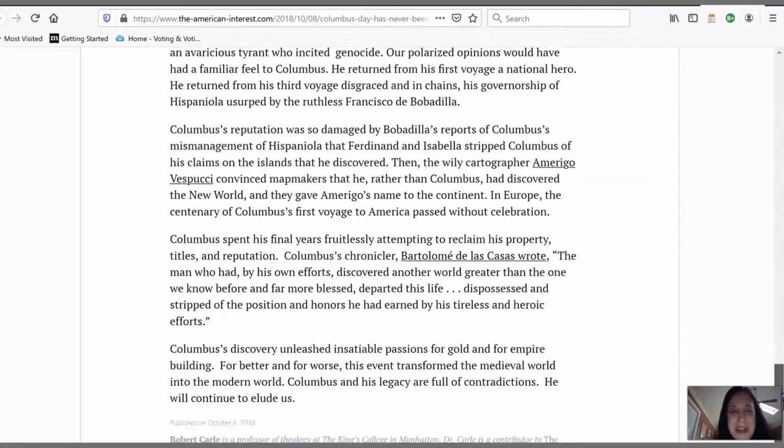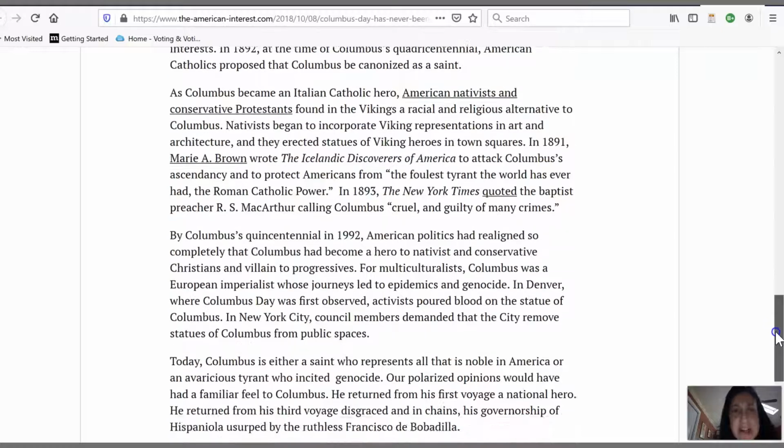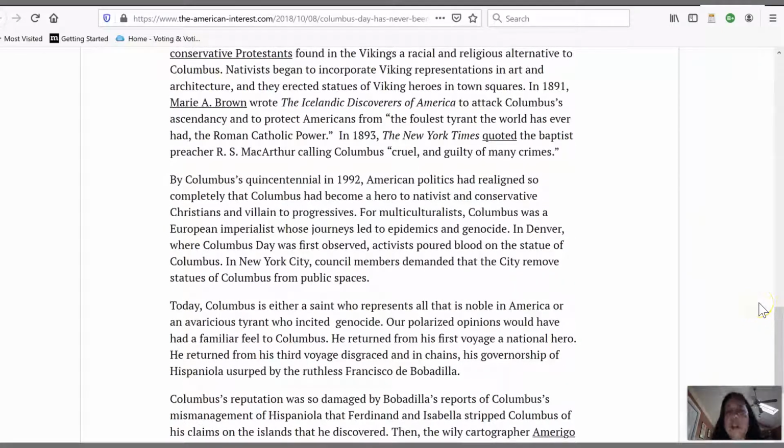And so it goes on, and then it talks about what happened. 1992, there was a change. There was a realignment of how Columbus was viewed in terms of indigenous people. And that was the beginning of what we're seeing now, kind of a revolution in reevaluating the role of Columbus in our history.